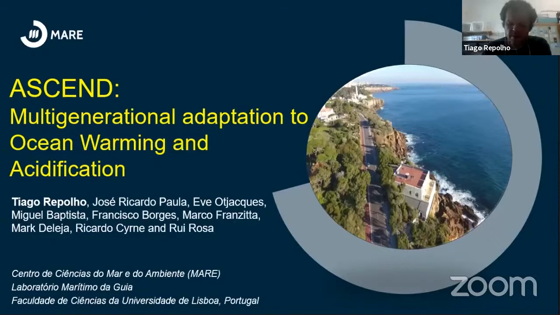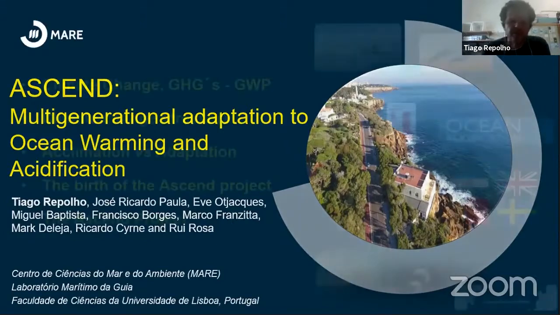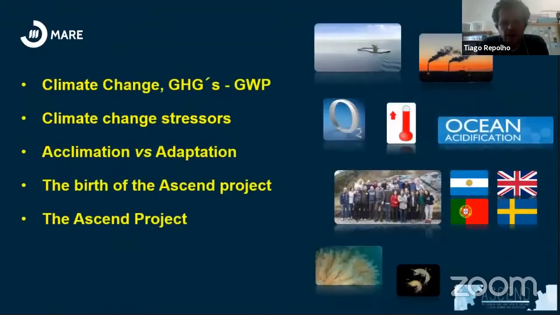So my talk is entitled Ascend, a multi-generational adaptation to ocean warming and acidification. So following this 5 bullet point slide, this is just an overview of what I'm going to talk about. I'm just going to provide a short overview of climate change, greenhouse gases, and global warming potential.